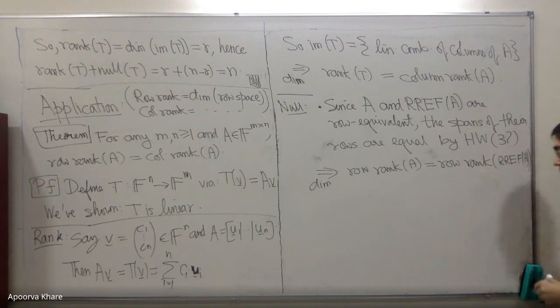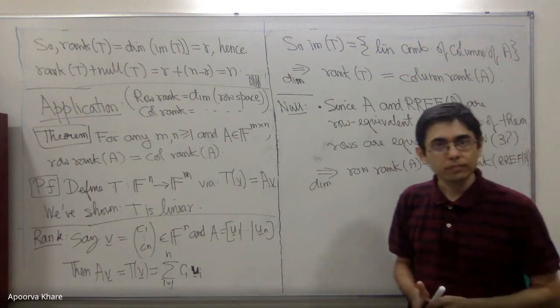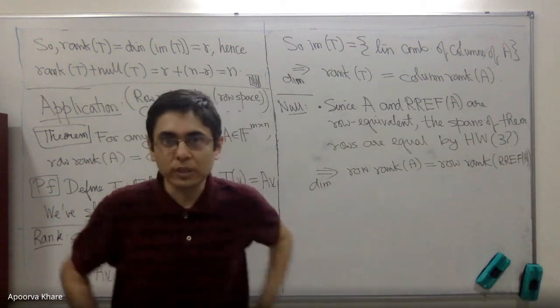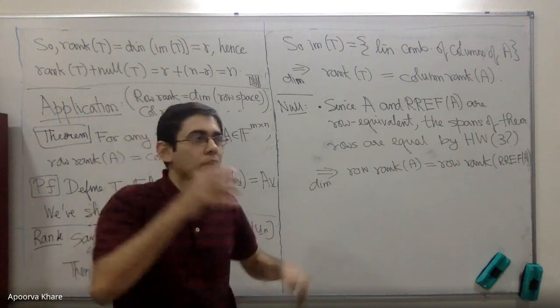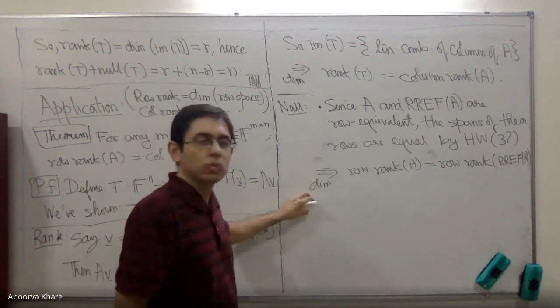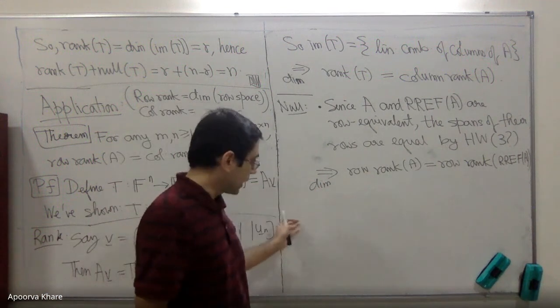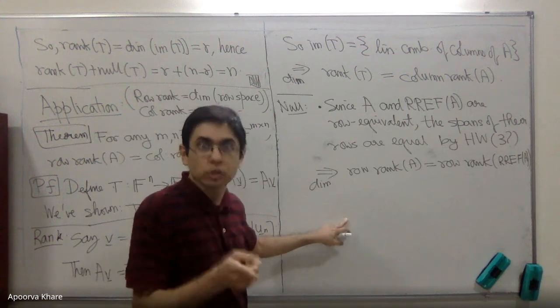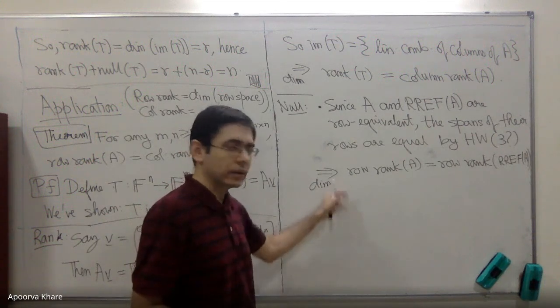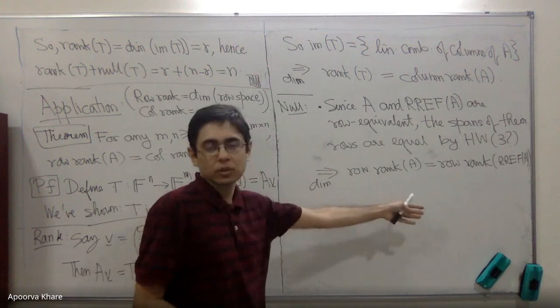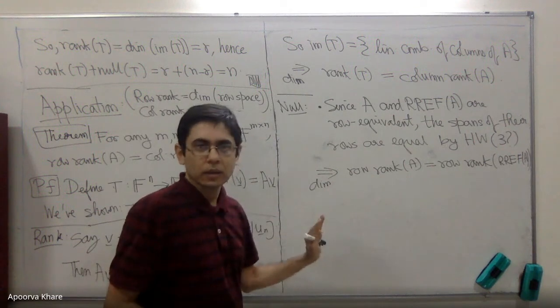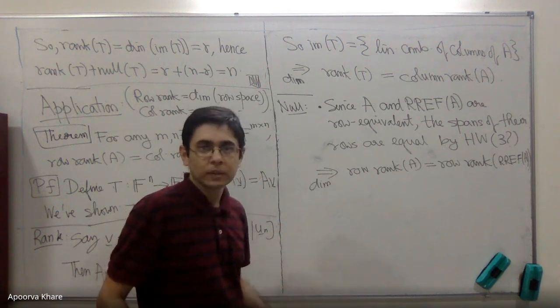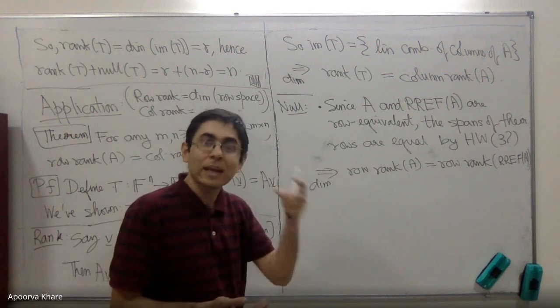But now let's look at this row rank of RREF of A. How do you write down the row reduced echelon form? It has some leading 1, then some bunch of things. Then another row, the first entry of which must also be a leading 1 and no other entries above and below it, also some other non-zero entries, and so on, right? And all the zero rows are below. So every non-zero row is above and it has a leading one.